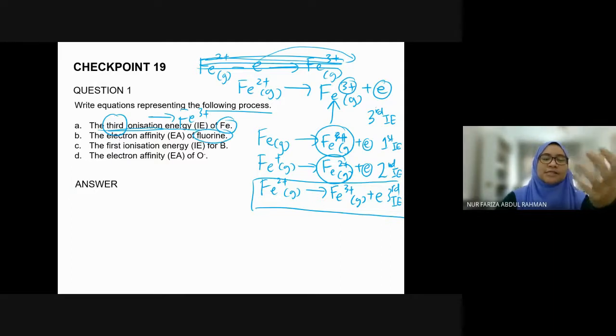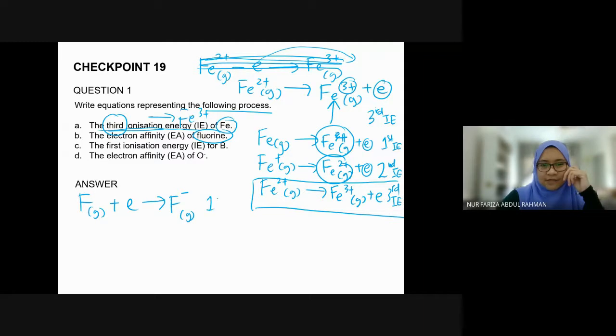Electron affinity means accepting an electron, the opposite of ionization energy. So fluorine in gas state, it must have gas, plus 1 electron becoming F- in gas state. This is the first EA of fluorine.